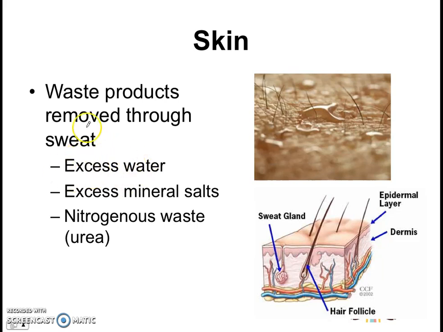And through sweat, the body can remove excess water, excess mineral salts, and nitrogenous waste like urea. It's called nitrogenous waste because urea contains nitrogen as an element. And that's not surprising because urea is formed from amino acids, right? And we know that amino acids, proteins, have nitrogen in them.